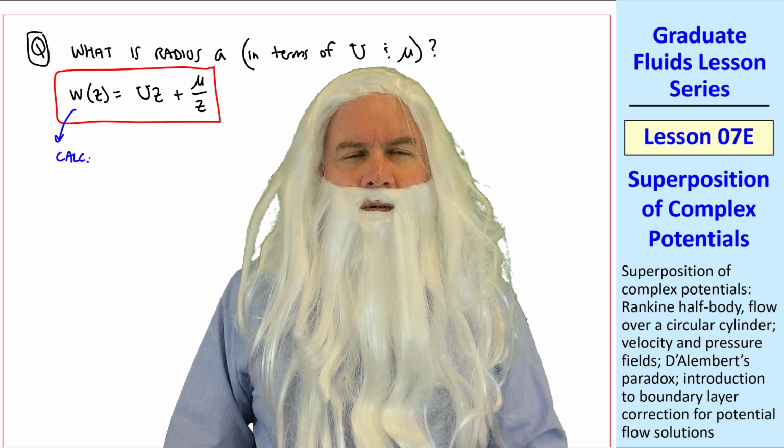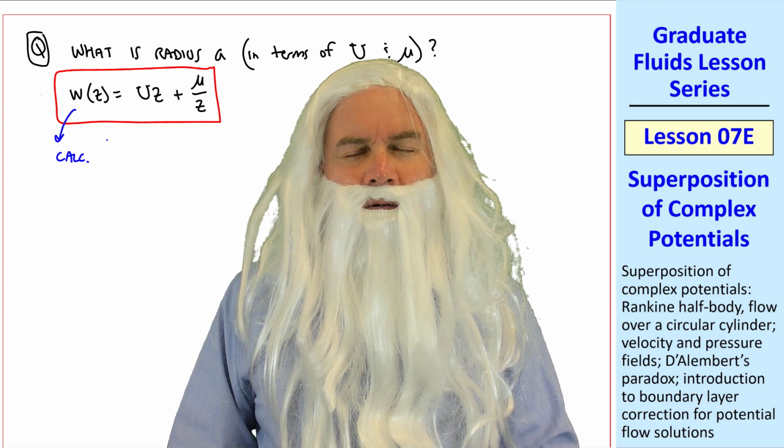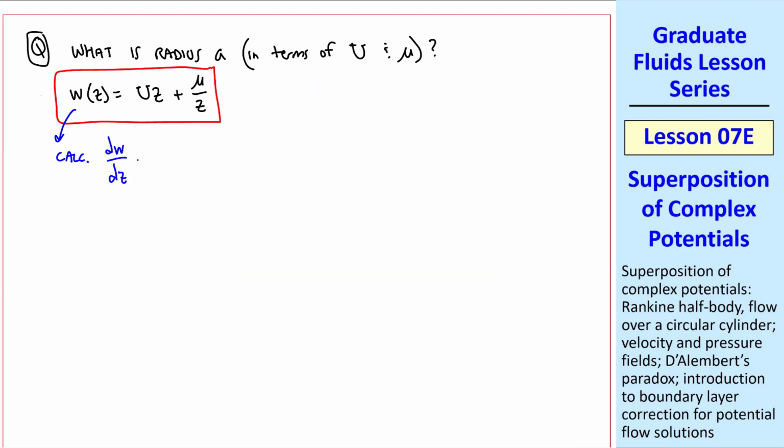We do the same thing we did for the Rankine body, namely, calculate the complex velocity, dw dz, which here is simply U minus mu over z squared. And we set that equal to 0 at the stagnation point, which is right at the front of the body, and there's another one at the back.